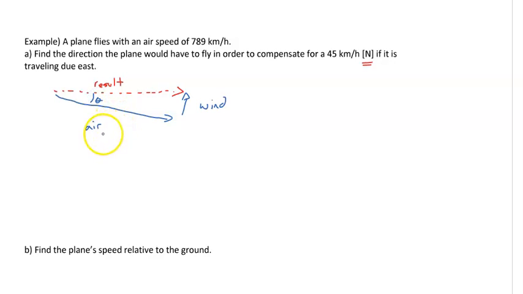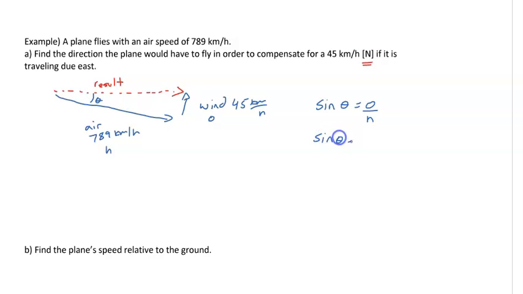We know that this is 789 kilometers per hour, and we know that this is 45 kilometers per hour, which means this wind is the opposite side and the airspeed is the hypotenuse, so we're going to use sine, opposite over hypotenuse.